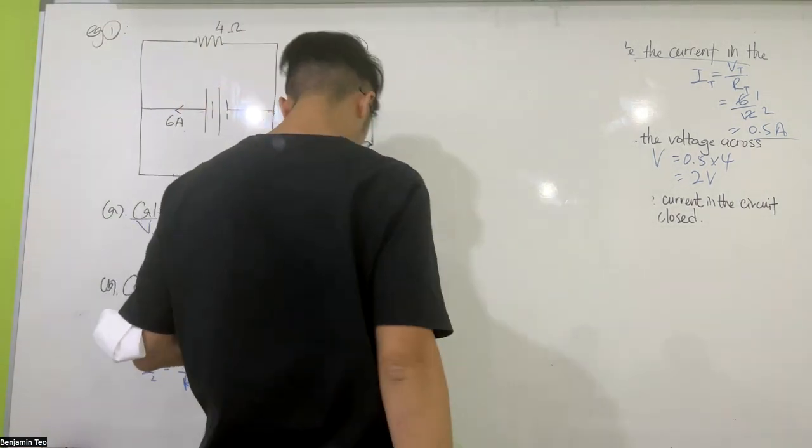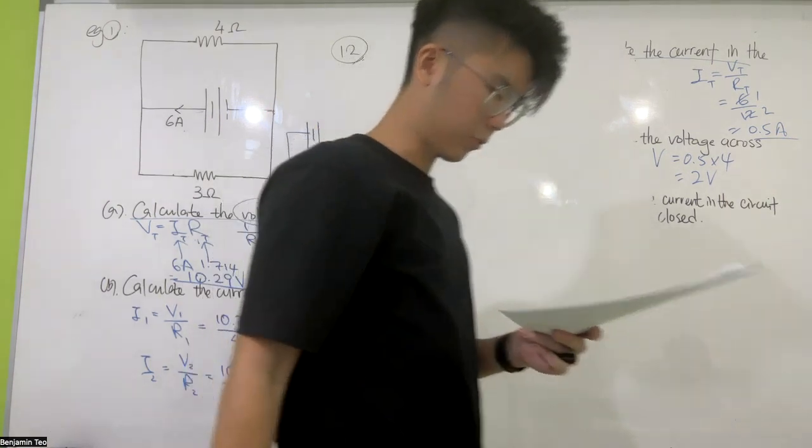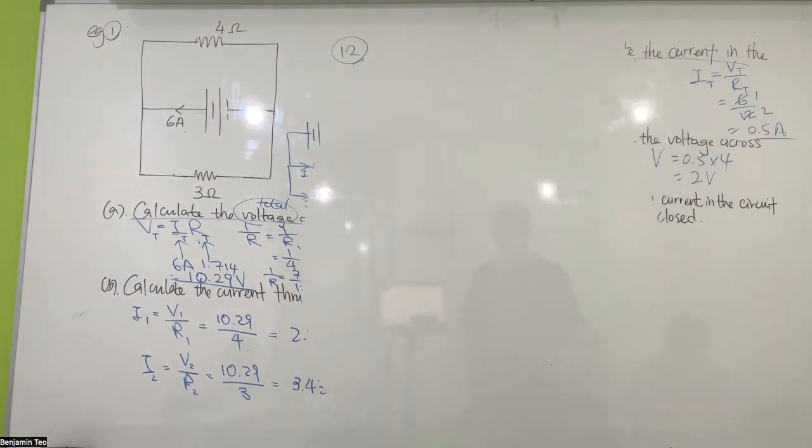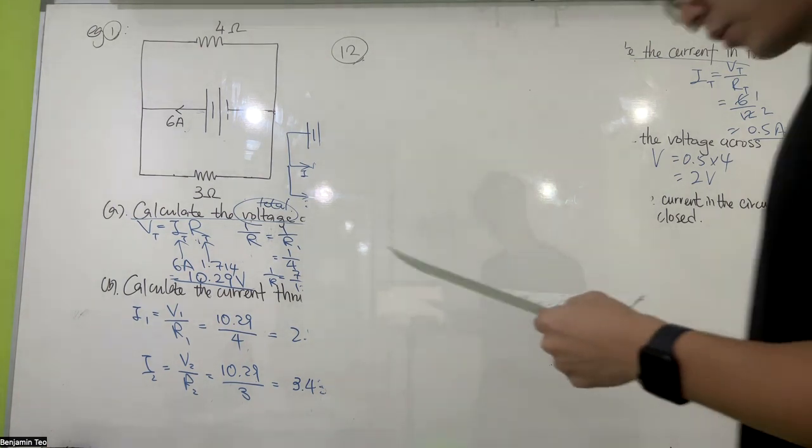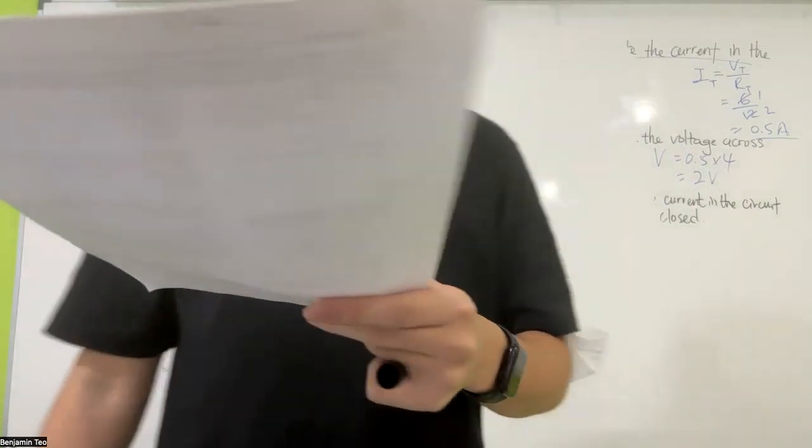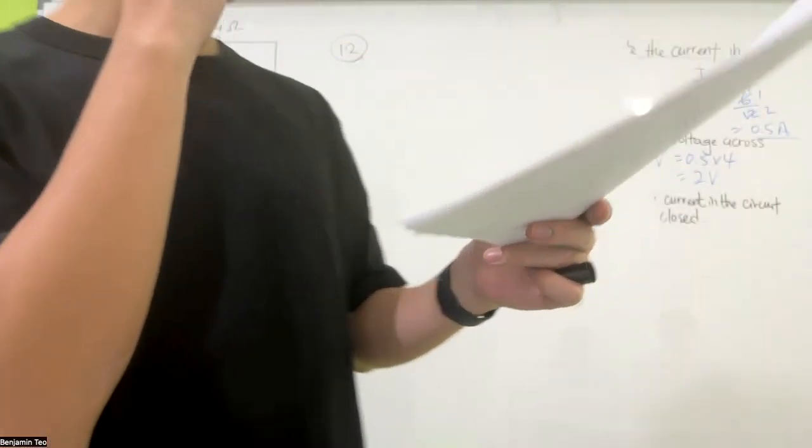Question 4. How to do question 4? See question 12, it says a wire has a resistance of 12 ohm, is bent to form an equilateral triangle.